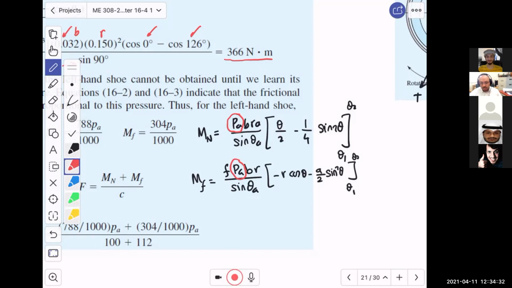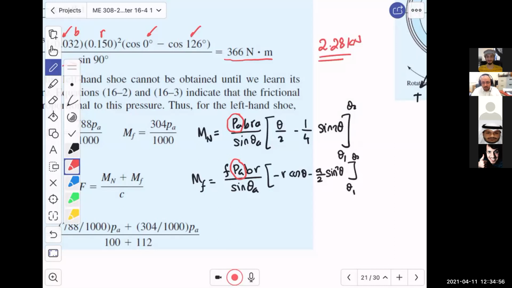And what did we get? We got 2.28 kilonewton. So this is the story. 2.28 kilonewton on the right shoe will generate 1000 kilopascal on the right shoe, which is the limit, the maximum.